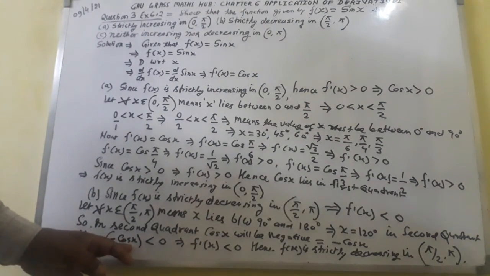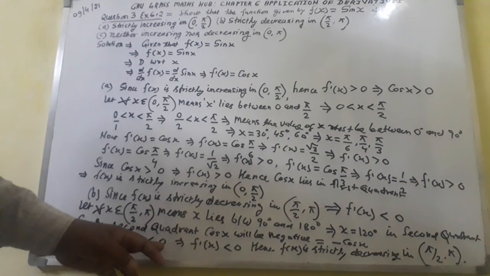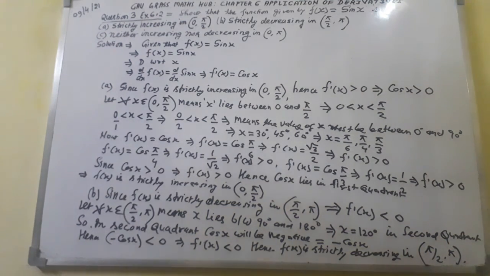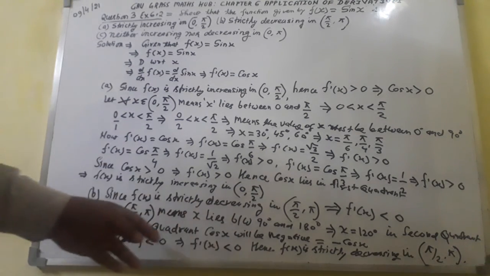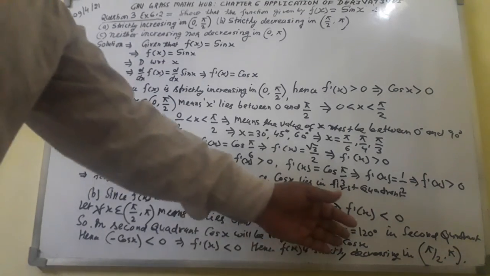Minus cos x is less than 0 because cos x will be negative in second quadrant. We will get here minus cos x.